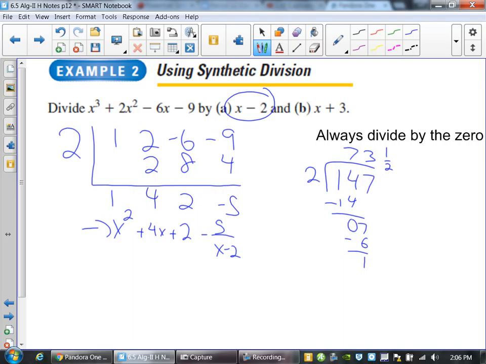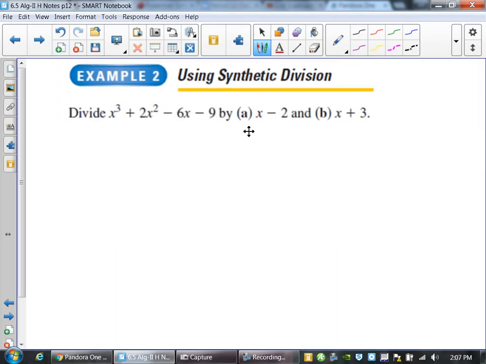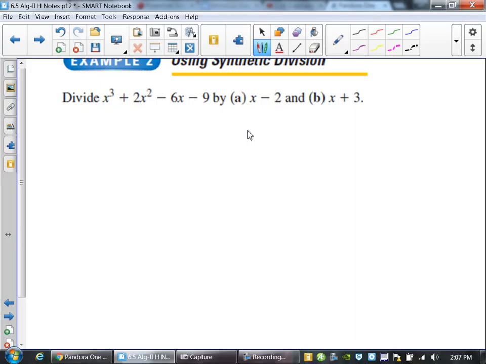Let me show it again with the plus 3. I do the same thing with x plus 3. If I'm going to use x plus 3 as my term, what would be my 0? Negative 3. So I have negative 3, 1, 2, negative 6, negative 9.